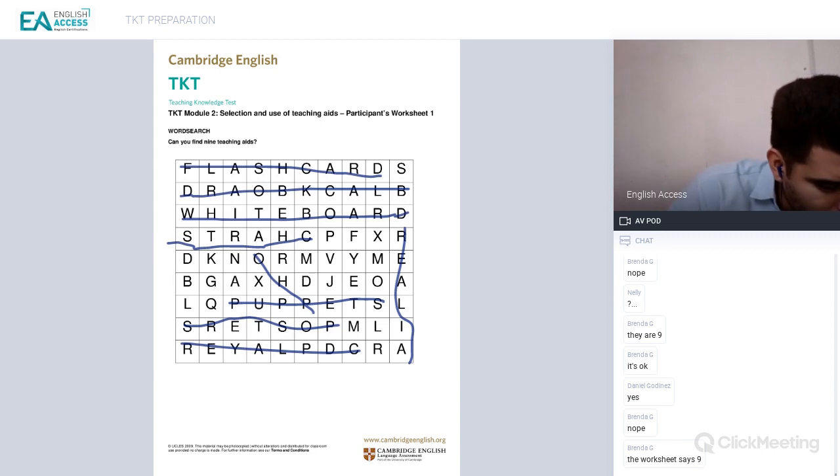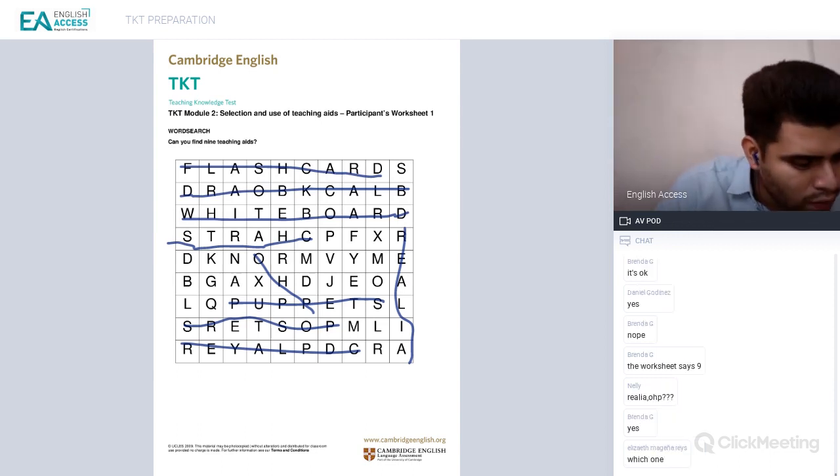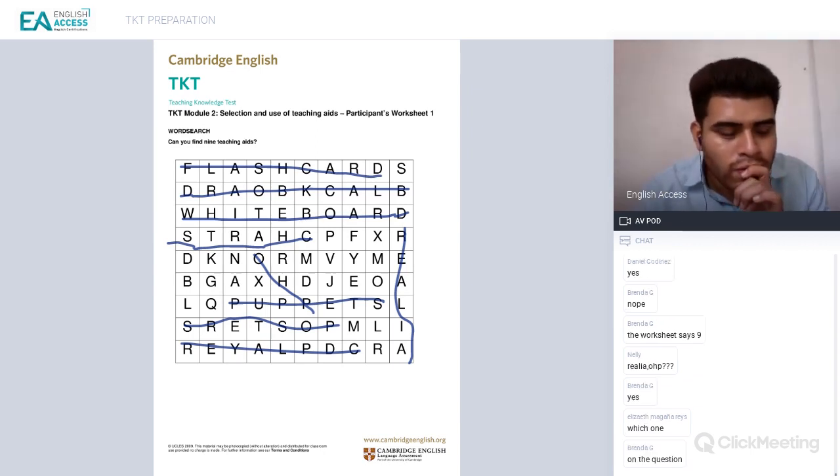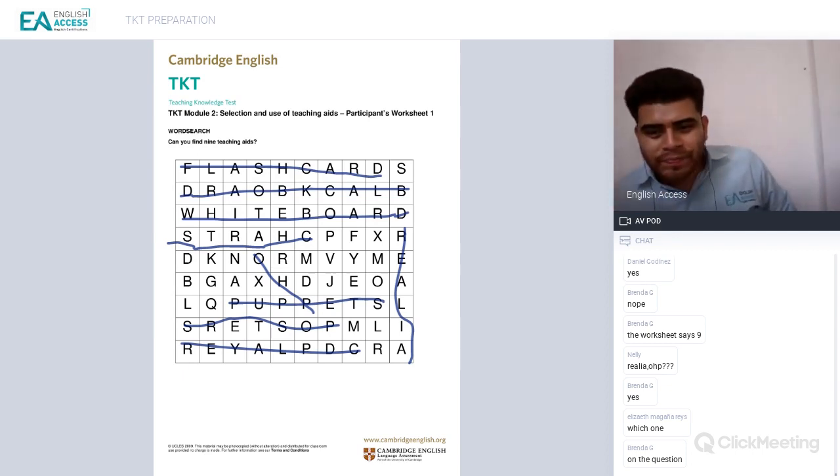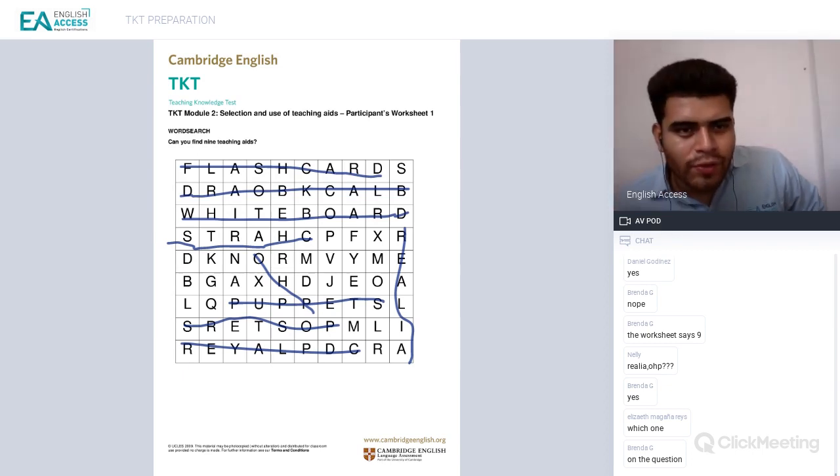The worksheet says 9. Oh, you're right. You're right. Thank you.